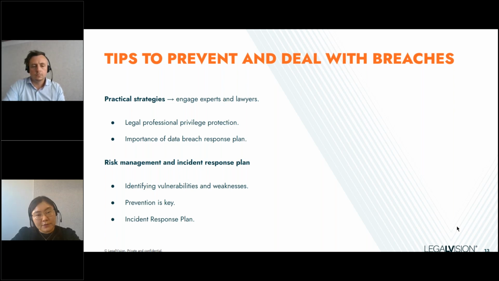Identifying vulnerabilities and weaknesses: you should make sure that you engage a cybersecurity expert to assess and audit system configurations, identify weak or reused passwords, and make sure that that's dealt with.